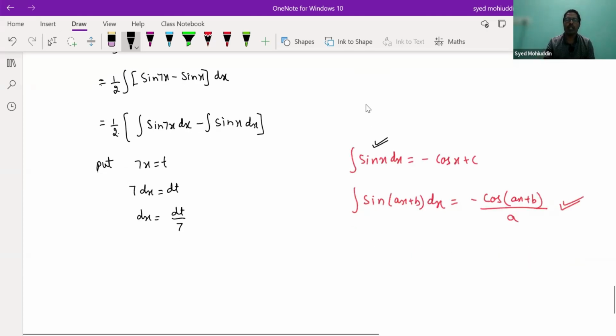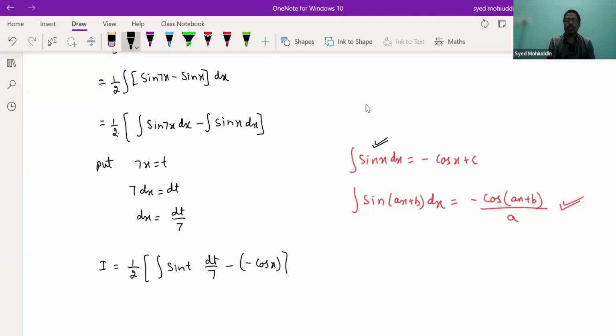Now if I apply the integral, I will be equal to half times of integral of sine of 7x, that is sine of t, dx is dt by 7, minus integral of sine x, as you know, its value will be minus cos of x plus the constant of integration c.